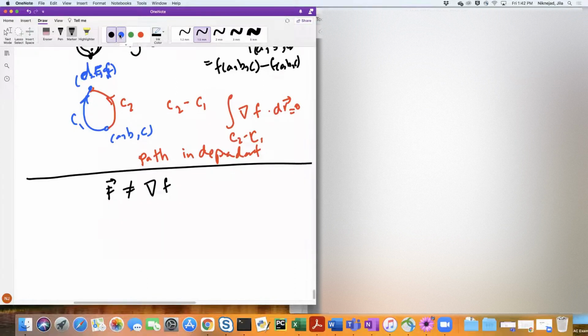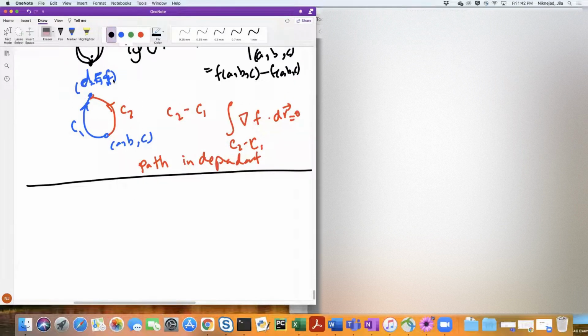What if curl of f is not 0? So that story comes in, again, we figure out if the curl of f is 0, the circulation is going to be 0, but what if curl of f is not equal to 0?